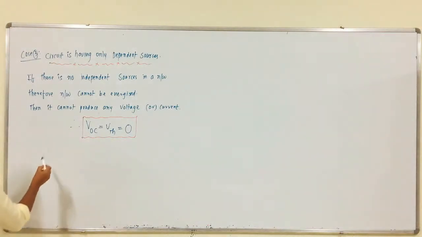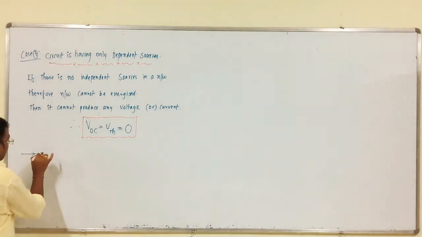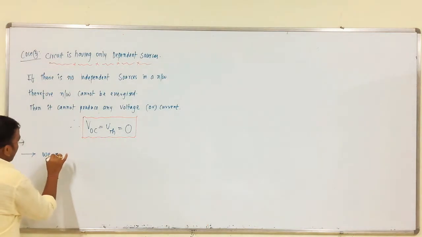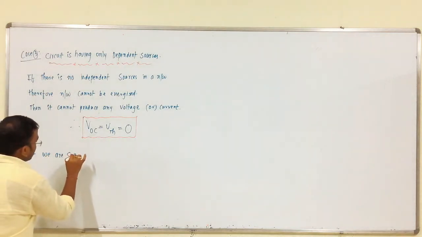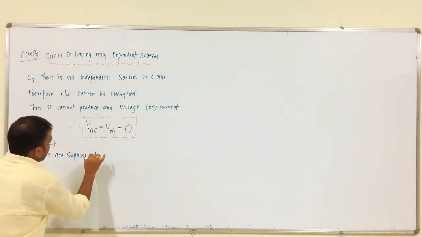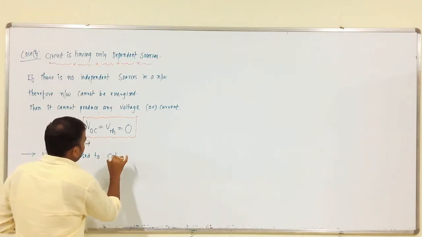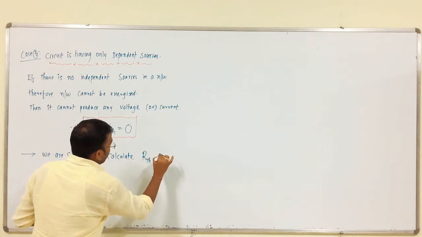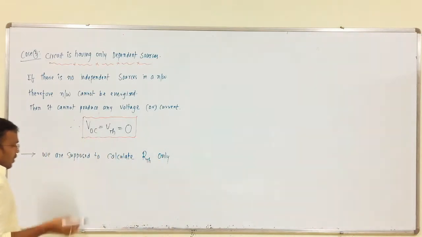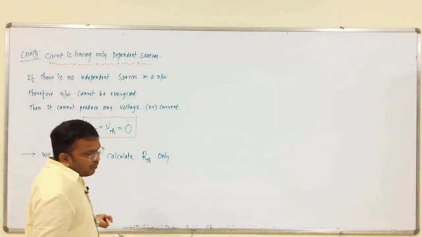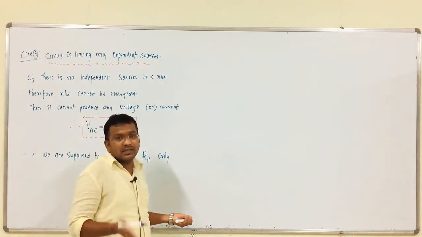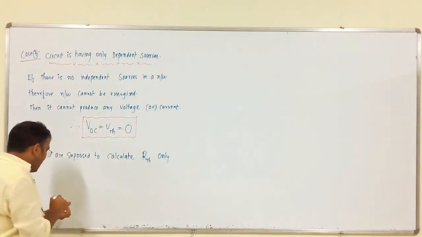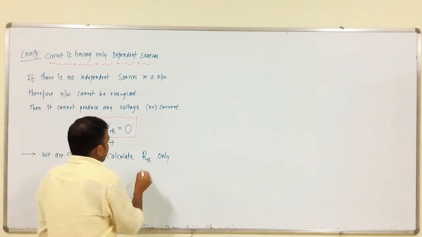Then we are supposed to calculate RTH only, right. Only we have dependent sources, we do not have any independent sources, therefore, we have to calculate RTH only.